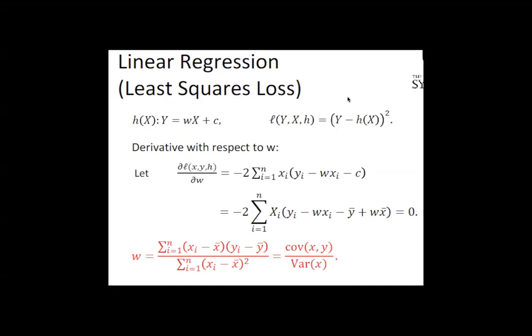Because if you use absolute loss, maybe your gradient is different, maybe your W is different, correct? Because this derivation with respect to W is based on least square loss, and you use least square loss to take the derivative, correct?